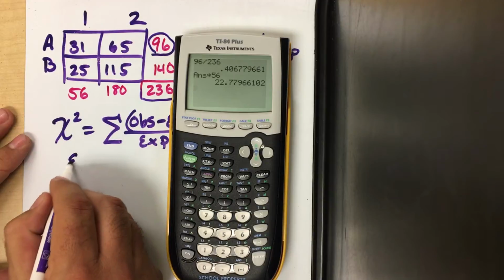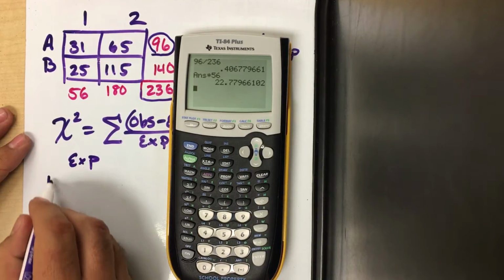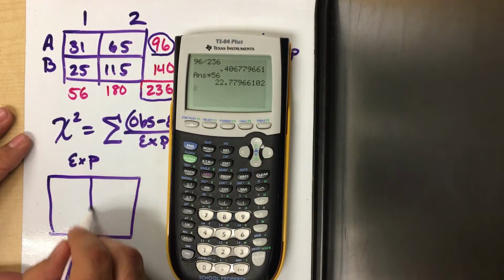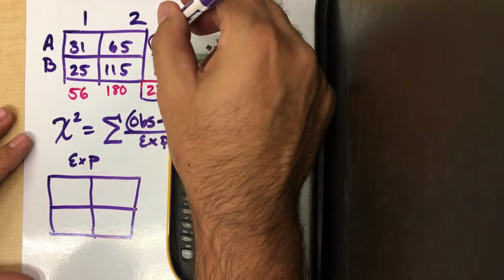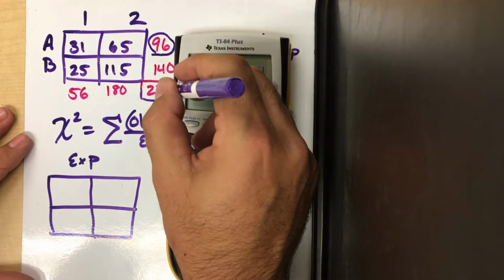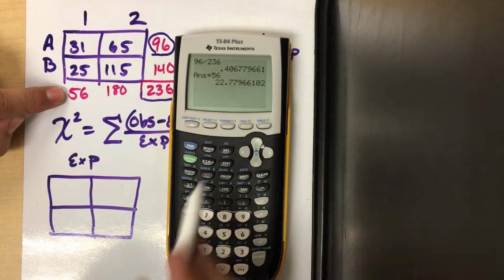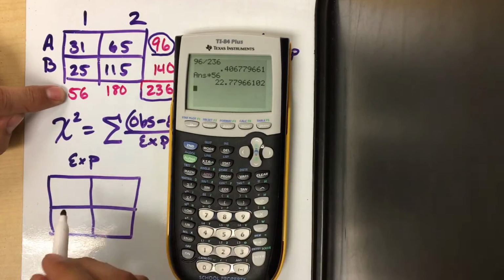So therefore, in my expected matrix, that should be an expected count of 22.77.